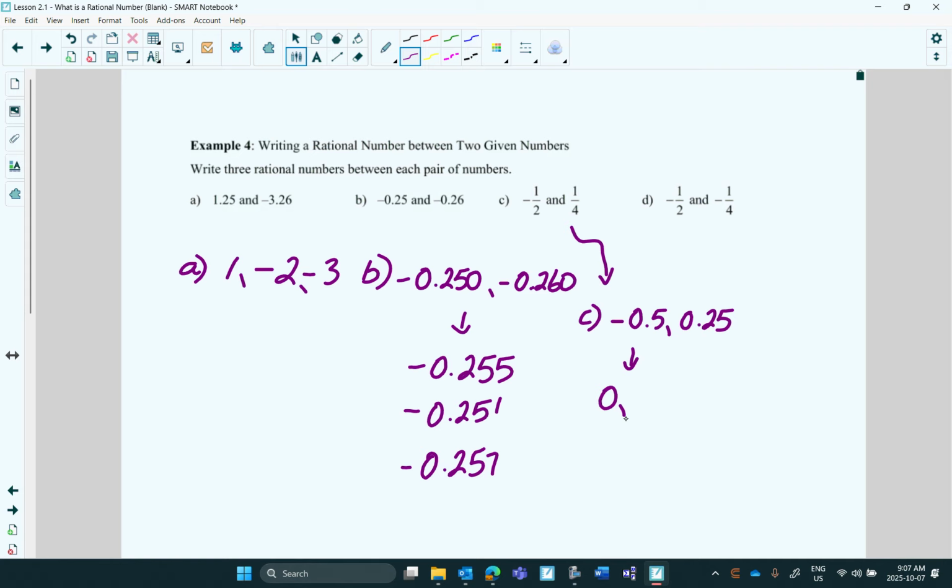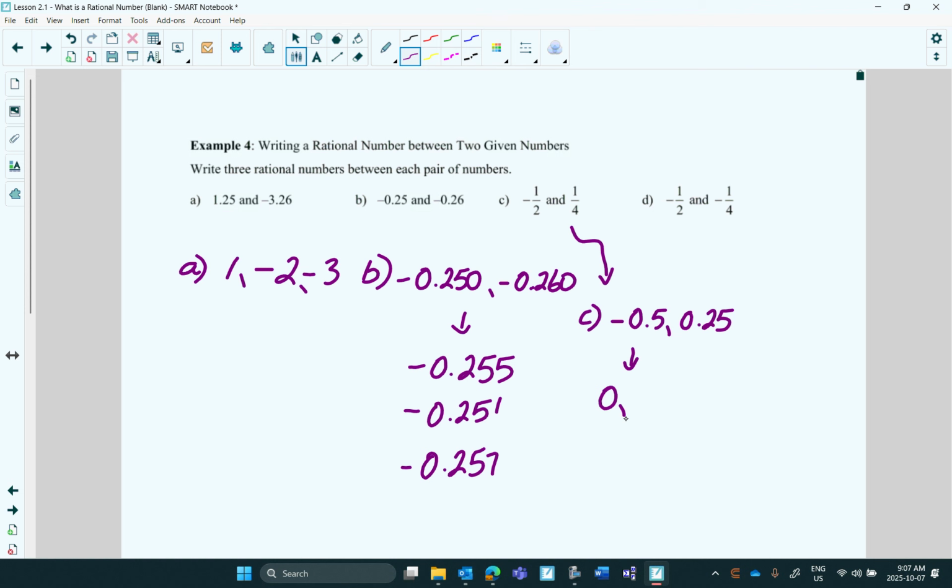Well, it has to be smaller than this, and bigger than this. 0.3? Or is that too big? That's too big. So think of another one.